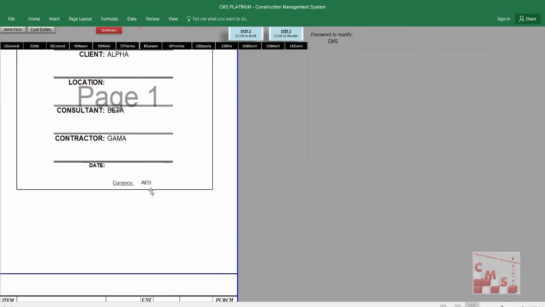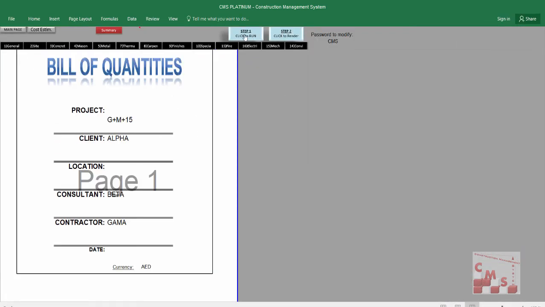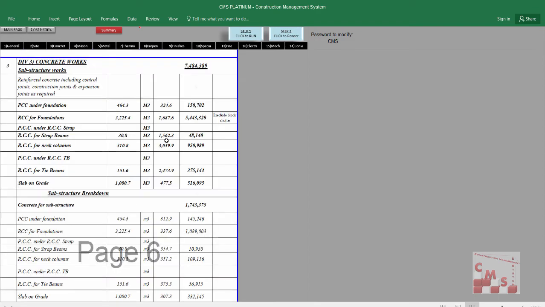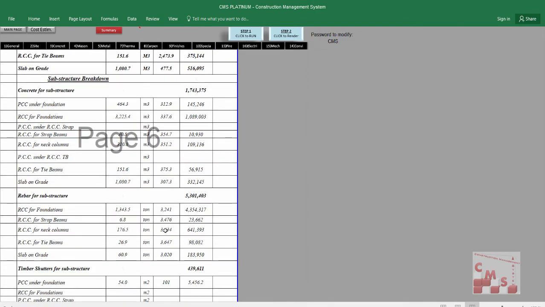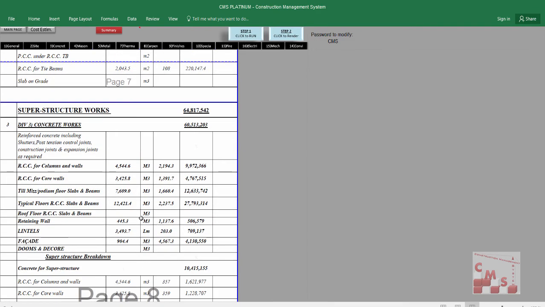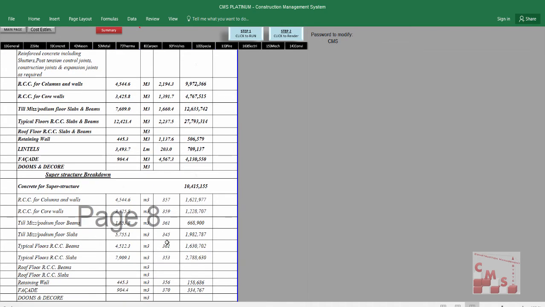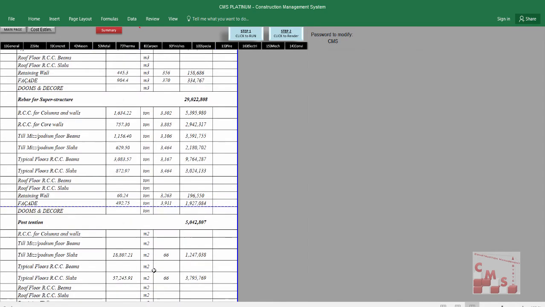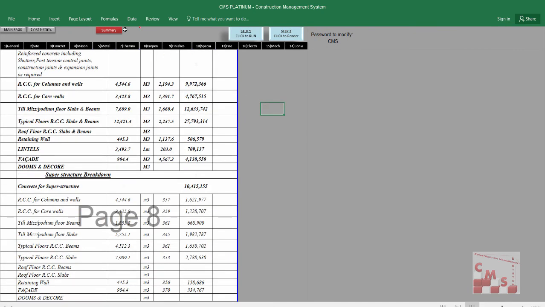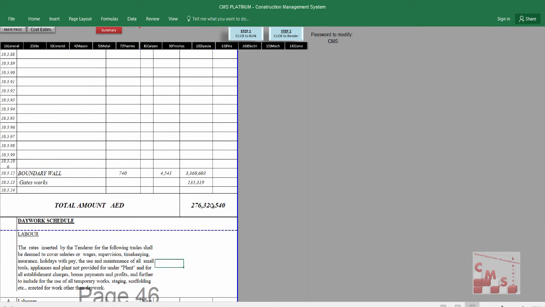When we open the BOQ and make step 1 and step 2, you will find the final price for each activity, not the cost now. You have now the final price automatically without any effort. If we go to the summary now, you will see we have the final price, not the cost: 276,324,540.